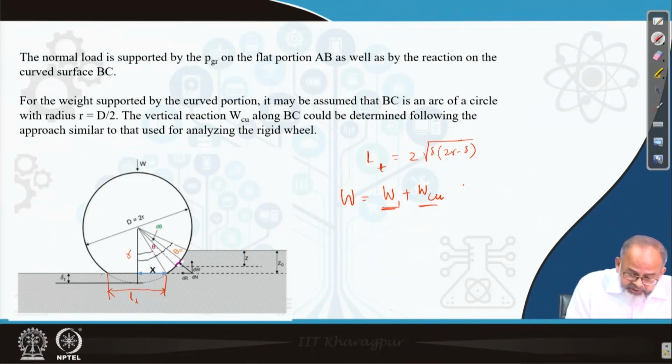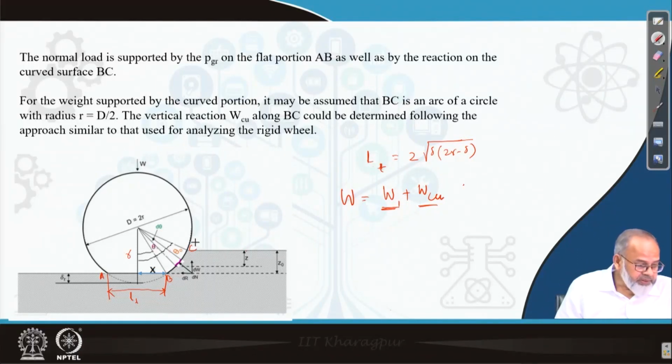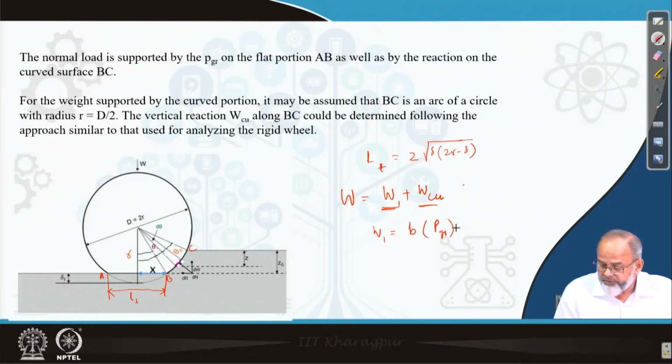Now, if I denote the flattened portion as AB and the curved portion as BC, then for the flattened portion W1 will be equal to the width B into the ground pressure into your L1. So, this is area into pressure, that will give you directly the value of W1.